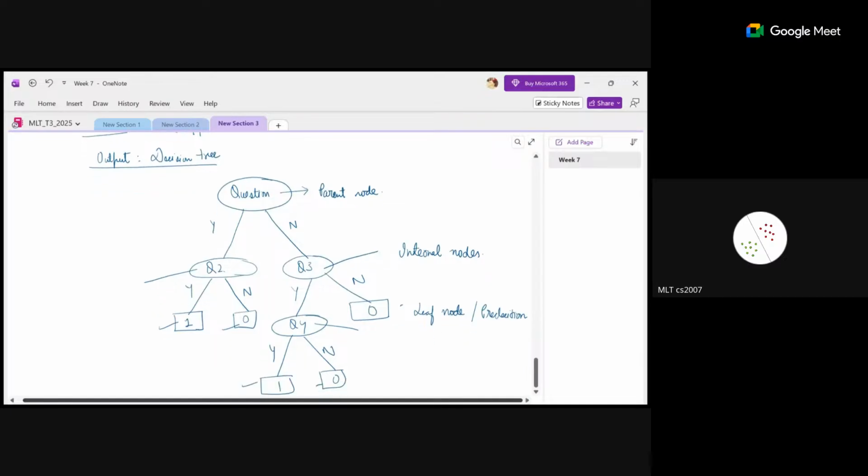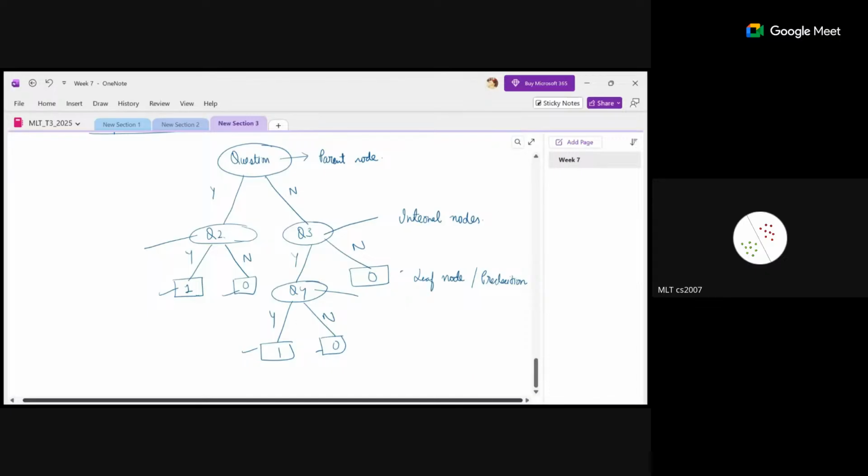Now, let's say I had a data set, and based on that data set, I got the output as a decision tree. Now this is my model.